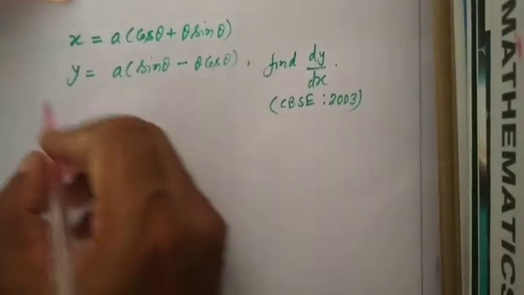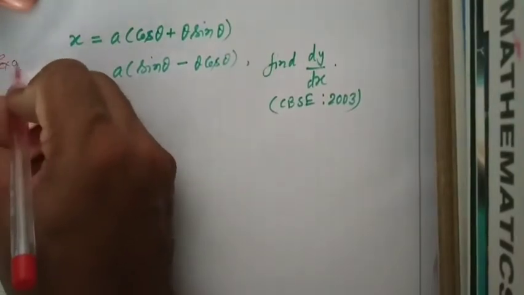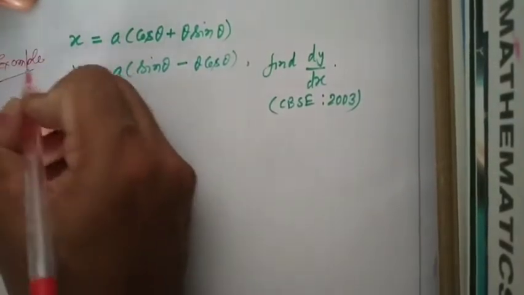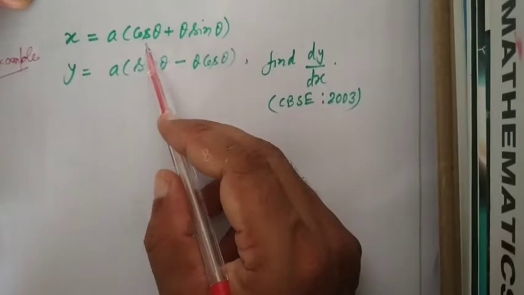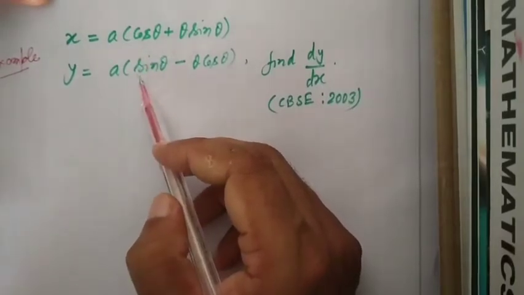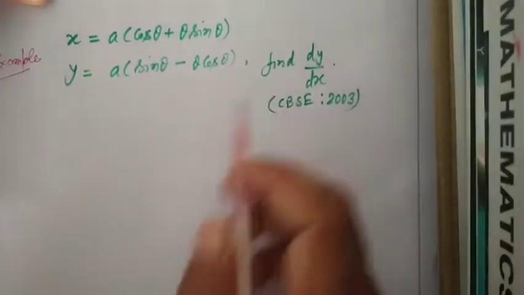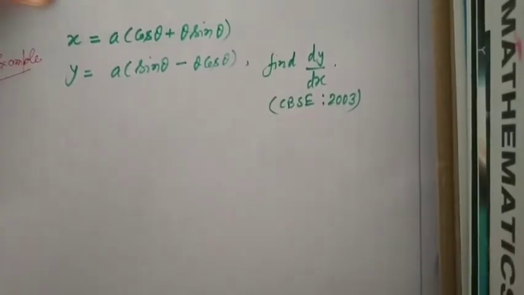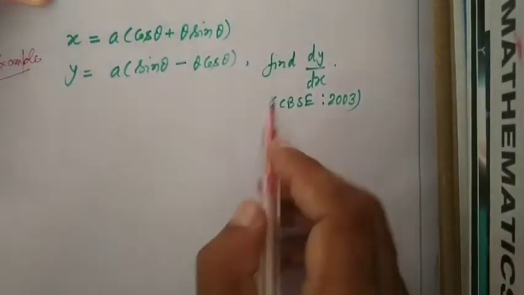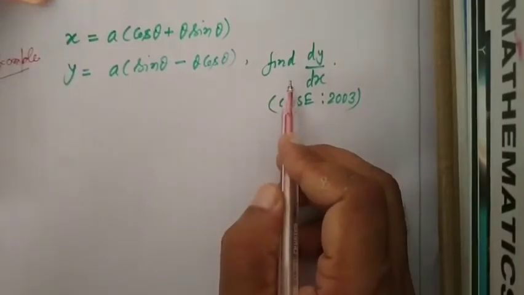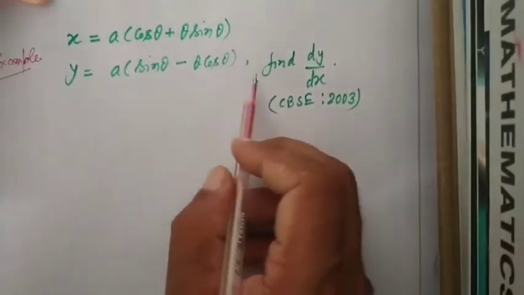Okay, so let's take one example to show how a pair of parametric equations can be used for finding dy by dx, and with the help of these two equations how we obtain dy by dx.